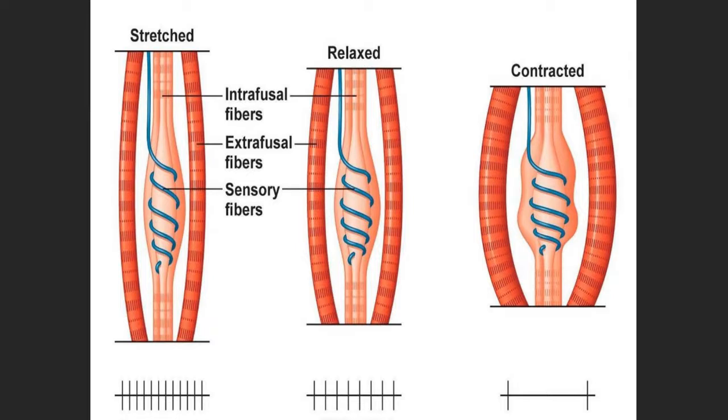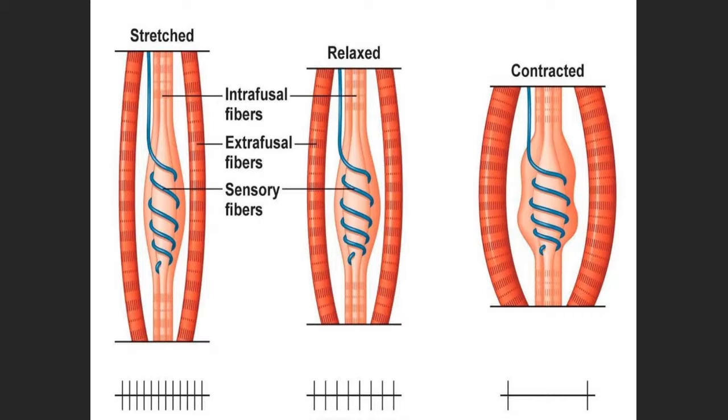The muscle spindle does several things. It is basically sensing the stretch in the muscle, and it's going to stop you from overstretching. It's also going to have a proprioceptive effect of knowing where your body is in space.